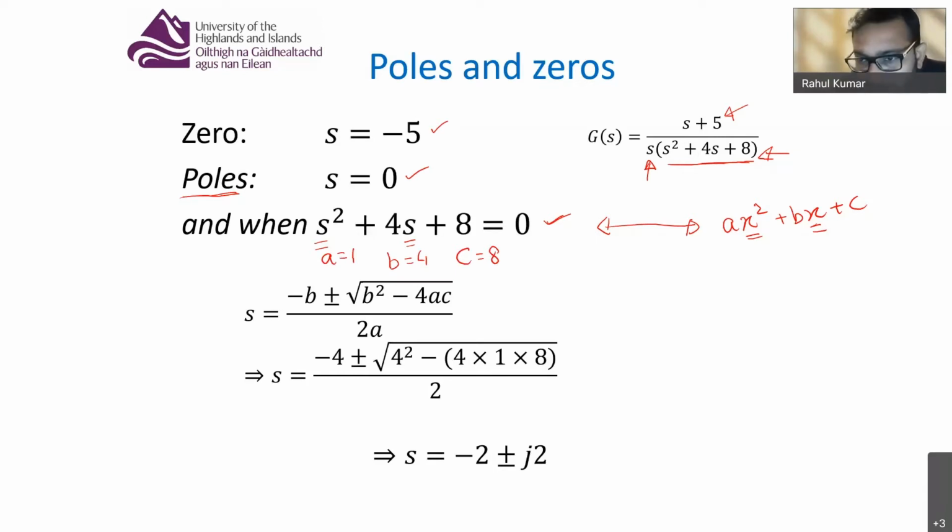Okay. Now to find the values of s which make s square plus 4s plus 8 equal to 0, I have to find the roots of my quadratic equation.